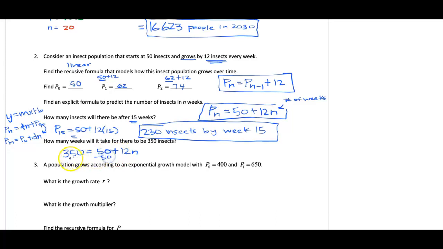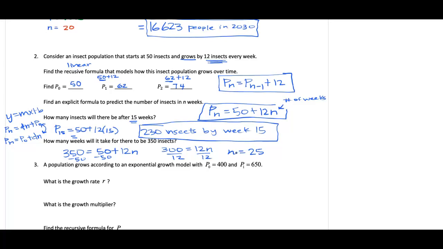So start by subtracting the 50 over. Kind of run out of room here. So I have 300 equals 12n. And then if I divide both sides by 12, what do I come up with? 25. Yep, 25. And if on your test it doesn't come out to be a whole number answer, it will tell you where to round your answer to.